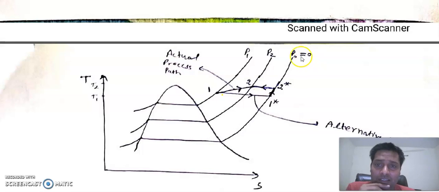Why am I choosing this P equal to 0 path? Because when pressure decreases, the gas behaves like an ideal gas. A real gas behaves ideally when pressure decreases or temperature increases. So at P equal to 0, the real gas behaves like an ideal gas. So in this path, this gas will be an ideal gas. So I am choosing this path.